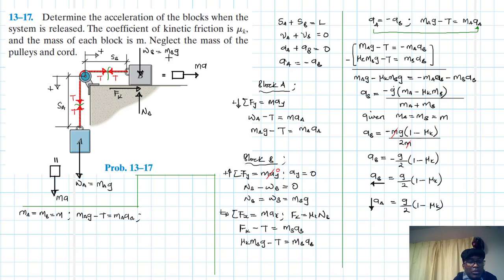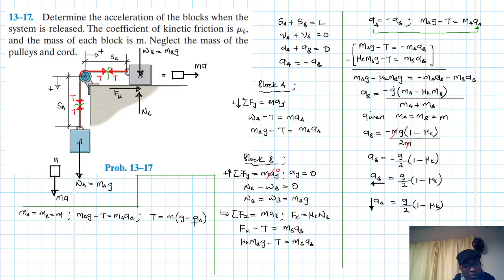This just becomes T. T is equal to, this T goes there, this comes this. T is equal to m. We factor out m. Alright, then we'll have g minus a_A. Right?